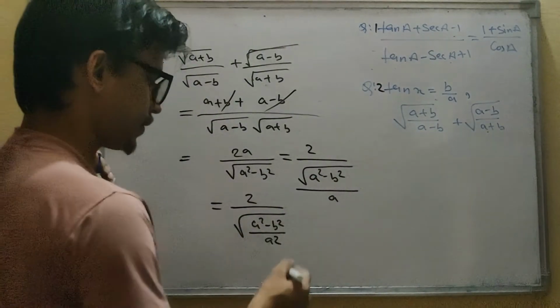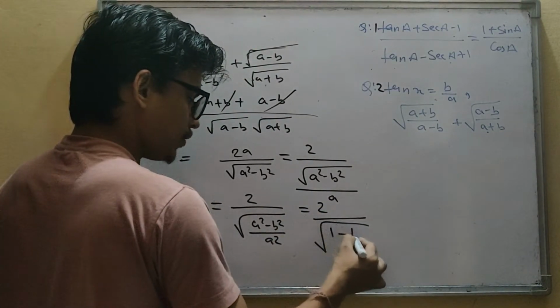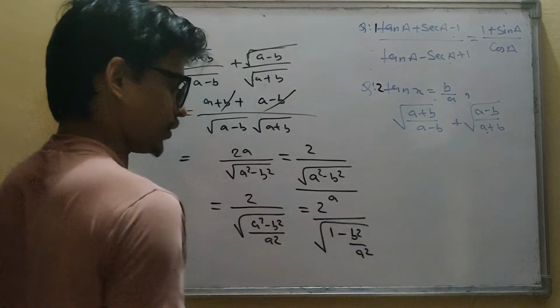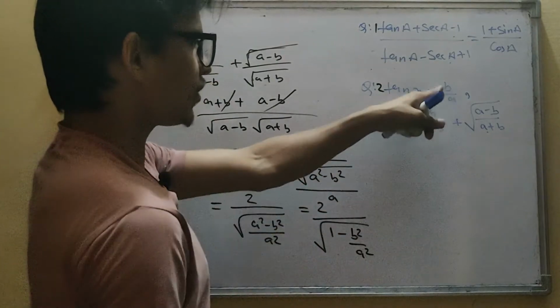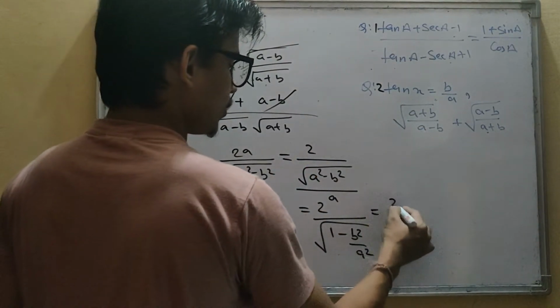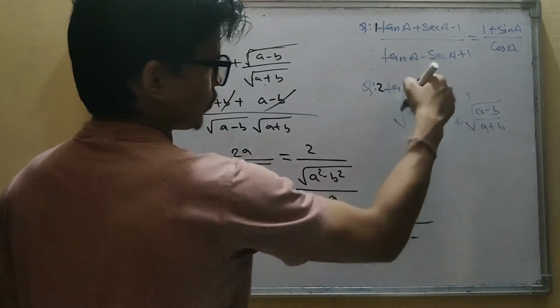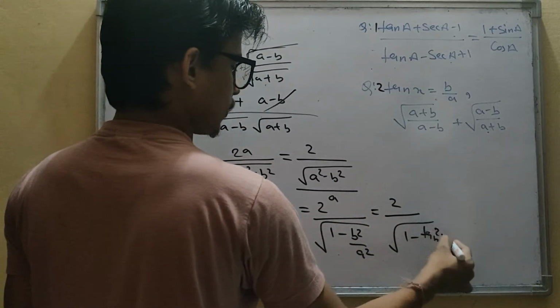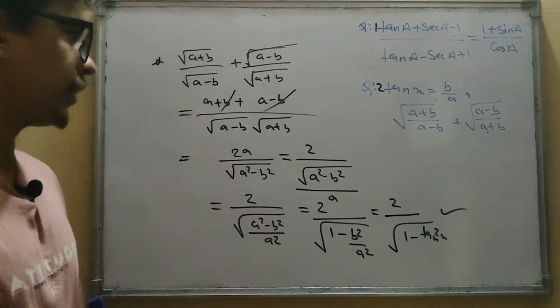Now separate it. A square is going to be cancelled out: 2 upon under root 1 minus b square by a square. Now what is the value of b by a? It is very simple, isn't it? 2 upon under root 1 minus b square by a square means 2 upon under root 1 minus tan square x. So that's it. This is how you can do this.